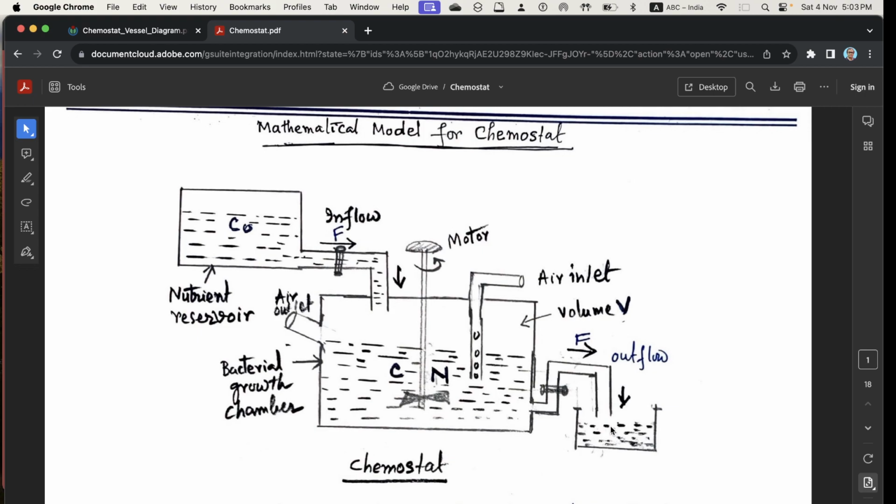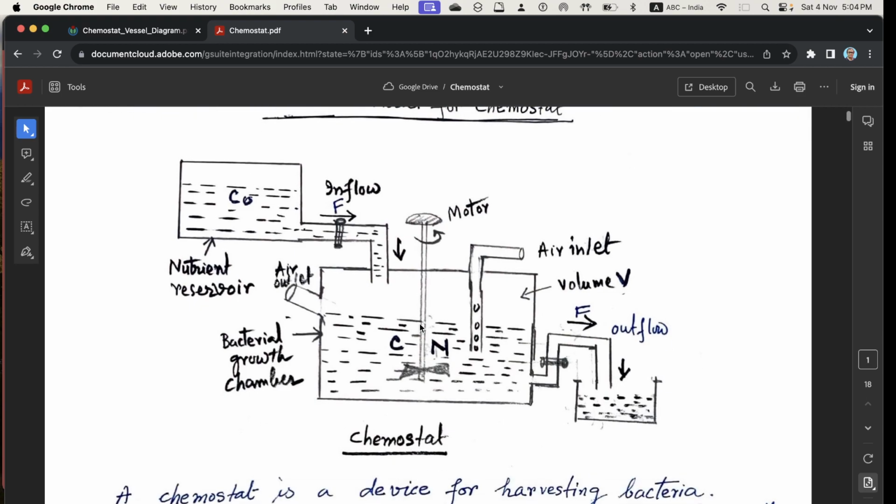The fluid volume, concentration of nutrients, pH, bacteria density, and other parameters are all assumed to remain constant throughout the experiment. This is the picture diagram for a chemostat where we harvest bacteria or microbes.